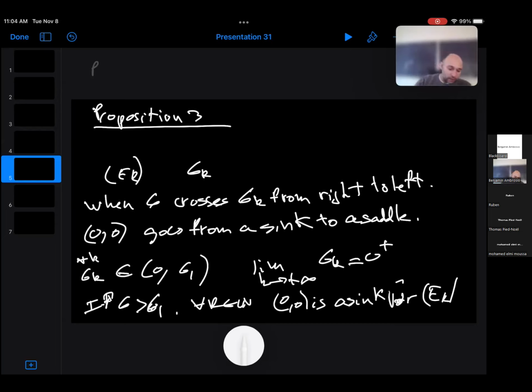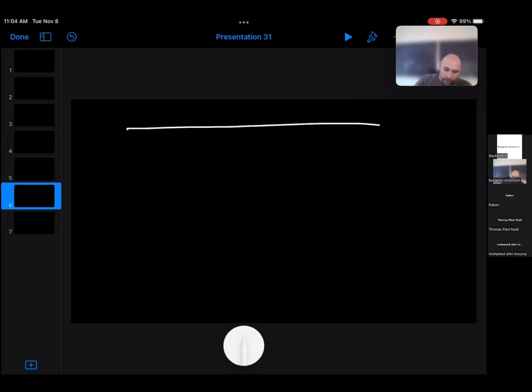So as you decrease sigma, you have more and more saddles, but for most of the systems, you have a sink.